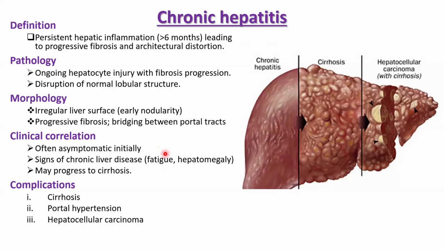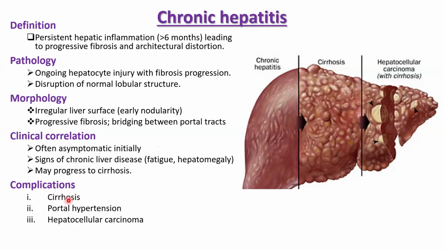The risk factors for chronic and acute hepatitis are, one, the viral infections that we talked about, hepatitis A, B, C, D, E. It can be predisposed to by alcoholism or some bacterial infections. So if you have chronic hepatitis, what will you have as complications?